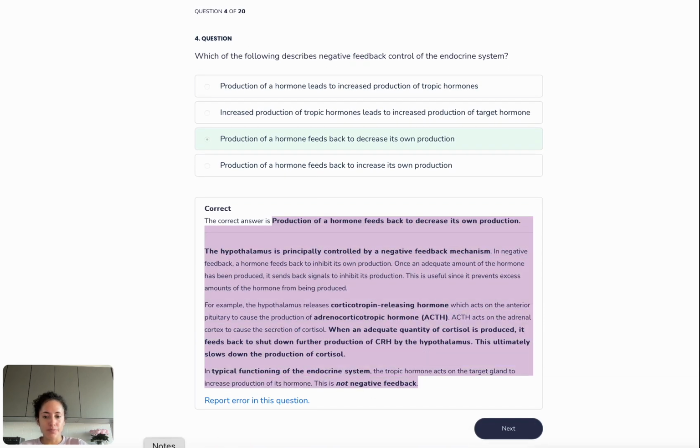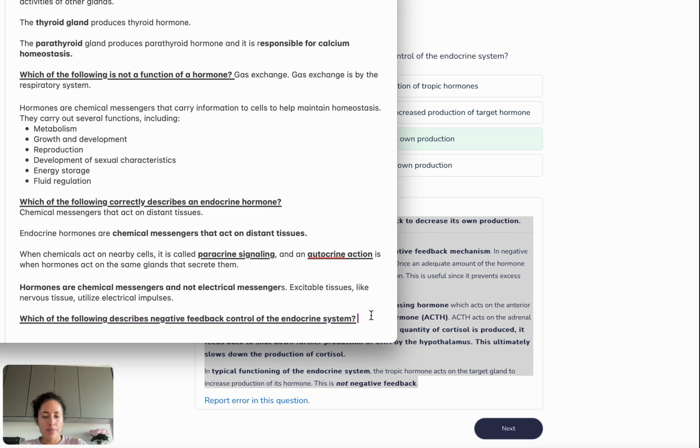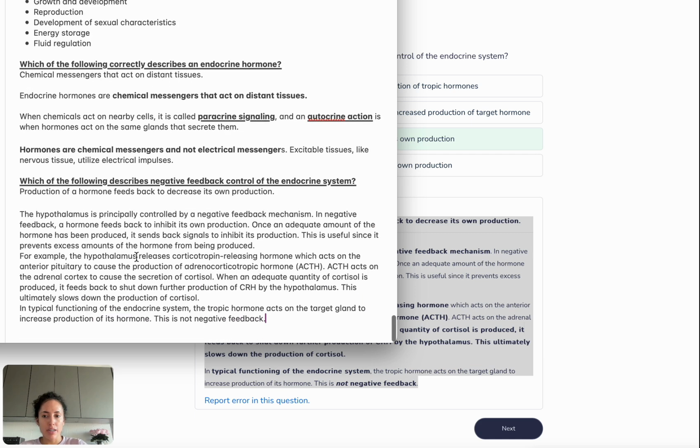Which of the following describes negative feedback control of the endocrine system? I'm going to paste it here. Production of a hormone feeds back to decrease its own production.